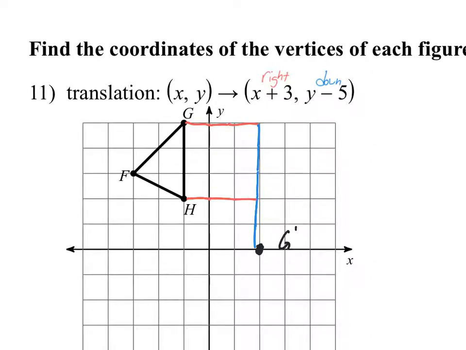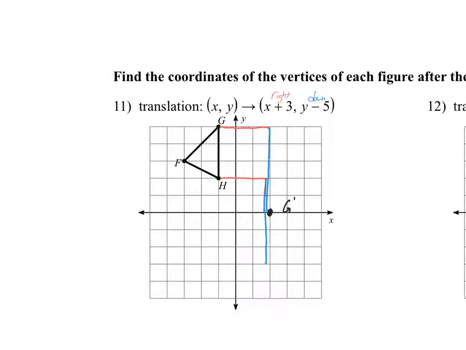And I've got to go down 1, 2, well, I meant to do that in blue. 1, 2, 3, 4, 5. So my H prime is going to be right there. For F prime, same exact thing. I'm going to go to the right, 1, 2, 3 places, and down 1, 2, 3, 4, 5. And that will be F prime.